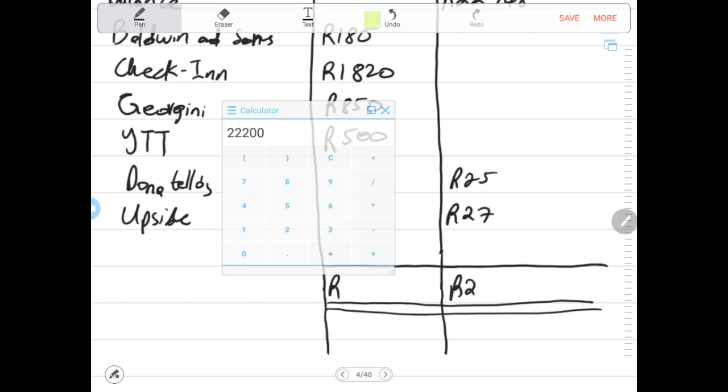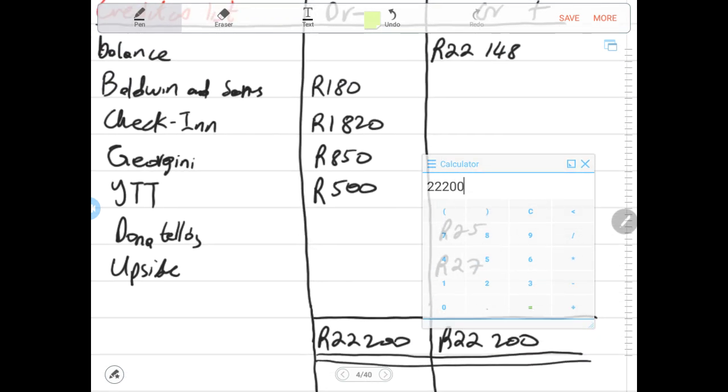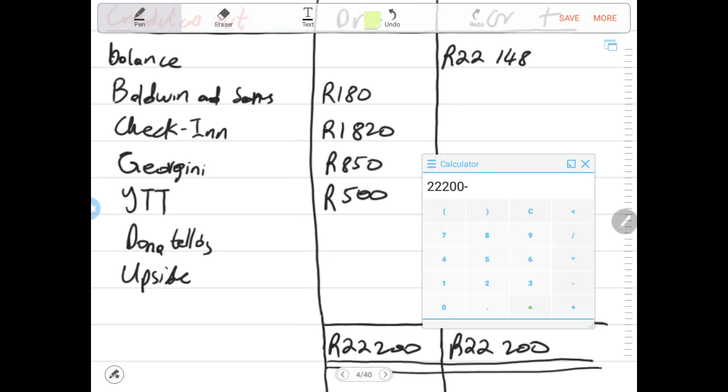That is 22,200 rand. We minus the smaller side, which is the debit side: minus 180 rand, minus 1,820, minus 850, minus 500.